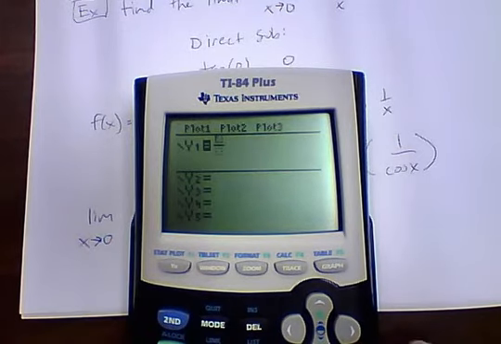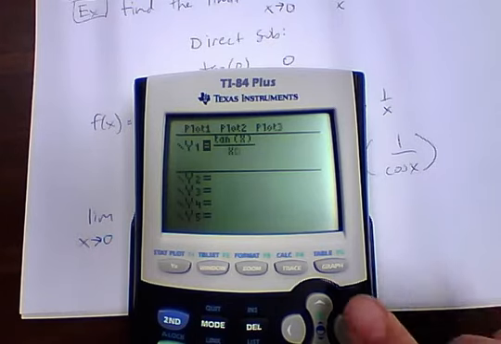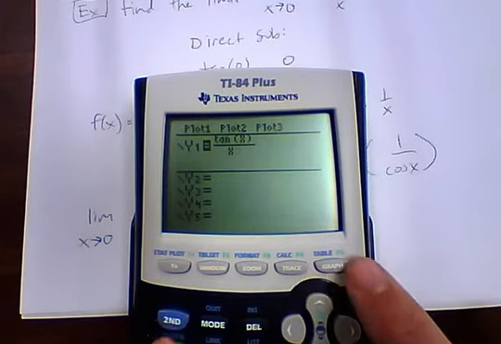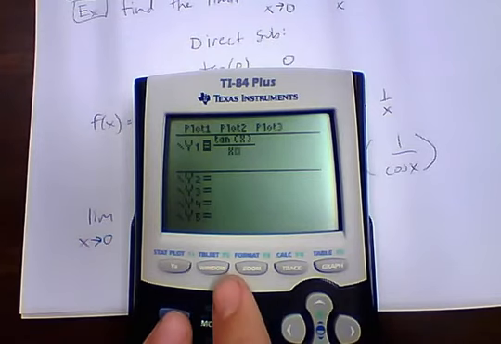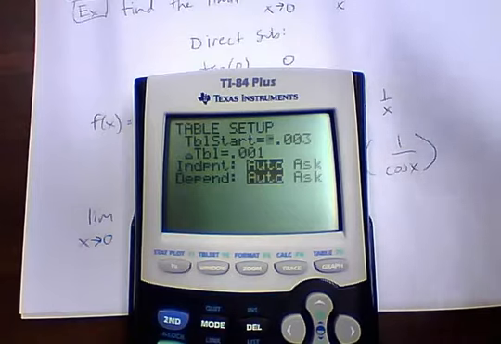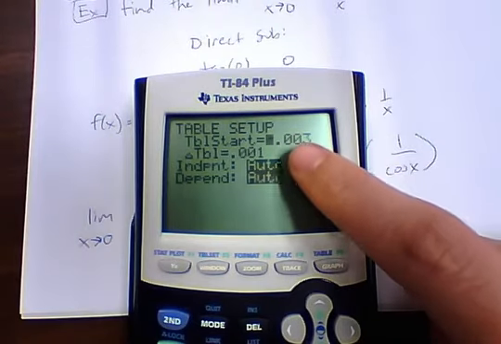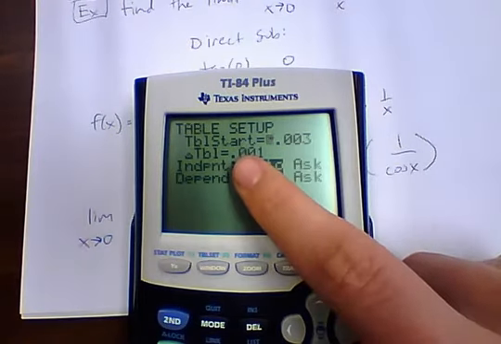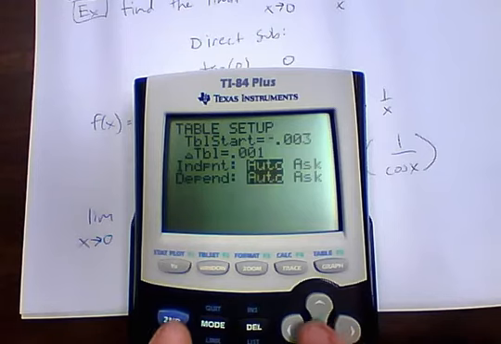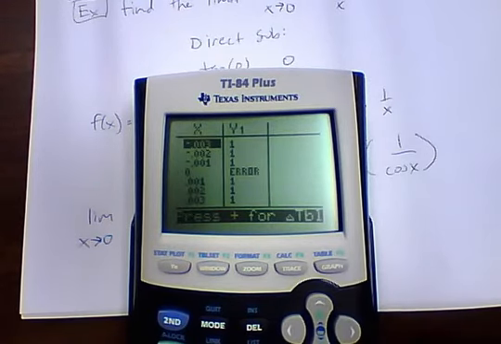We'll do tangent of x all over x. We can now press second window. We know that 0 was that troubling number, right, that we couldn't get close to originally. So let's make our table start close to 0. That's pretty close to 0. That's going to get us really, really close. So now let's press second table and check it out.